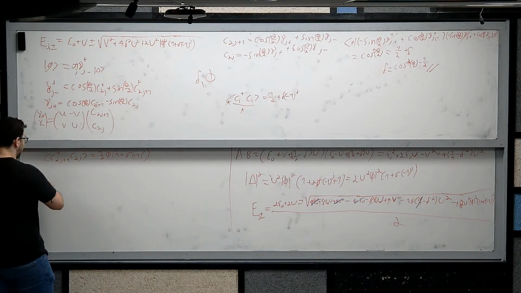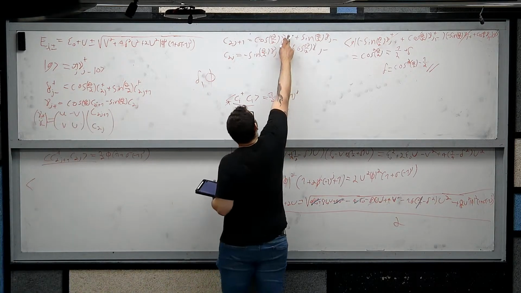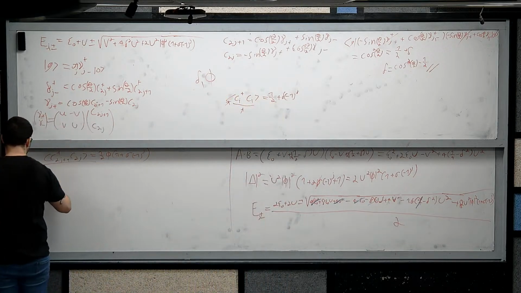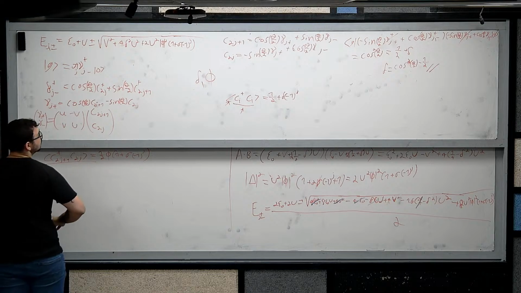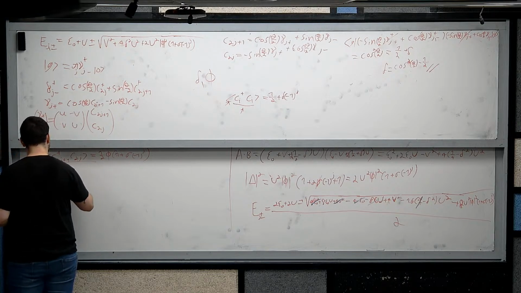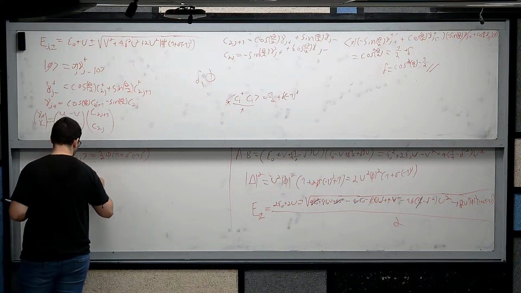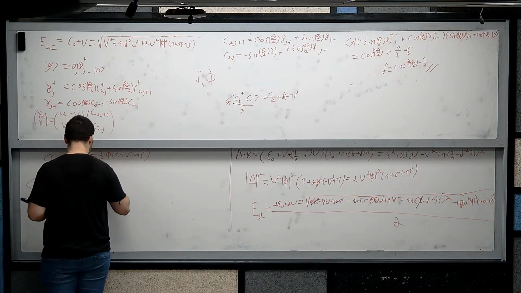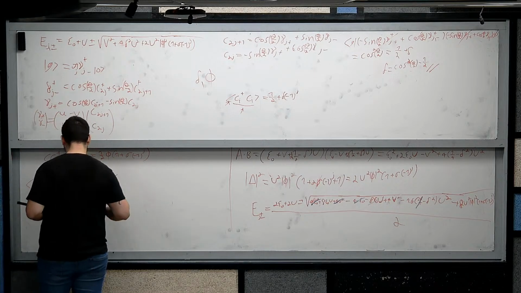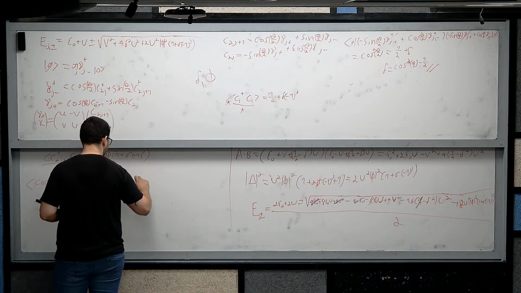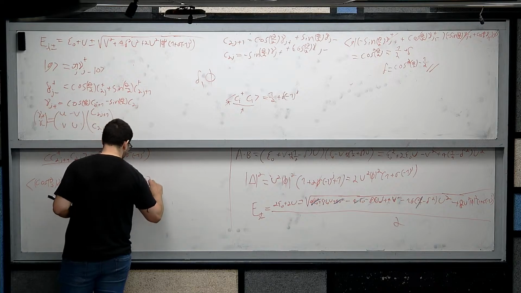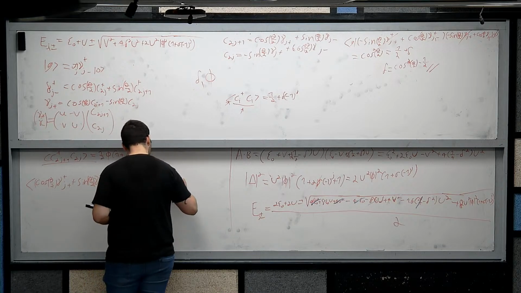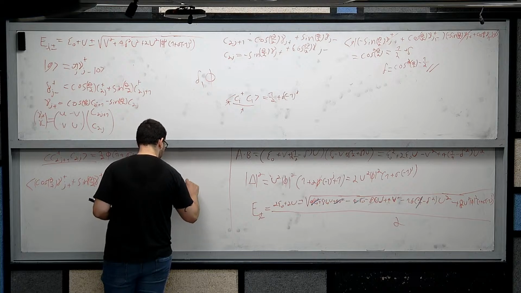Now, to calculate this term explicitly, C j plus 1 dagger here, so it's cosine theta divided by 2 gamma plus dagger, sine theta divided by 2 gamma j minus dagger, and then sine theta divided by 2 gamma j minus plus cosine theta divided by 2 gamma j plus.